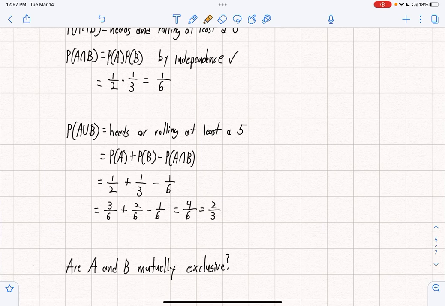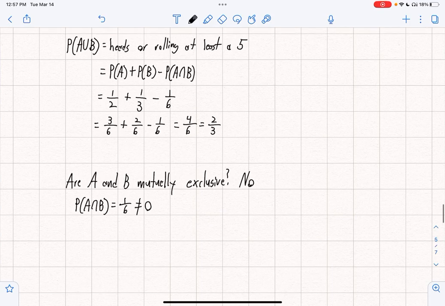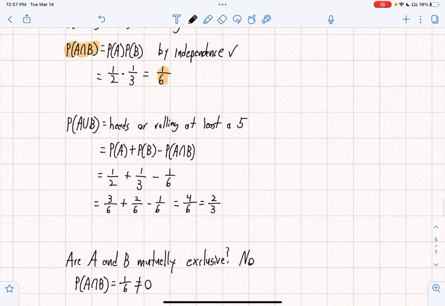Well, we found the probability of A and B to be 1/6, and that is not 0. And so our answer to this is no. Right? Because if they're mutually exclusive, we know that the probability of A and B must be 0. That is what we mean when we say that they cannot happen simultaneously. So in this question, A and B are independent, and they are not mutually exclusive.